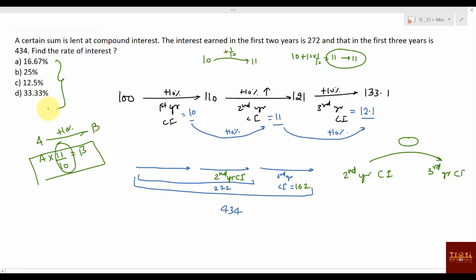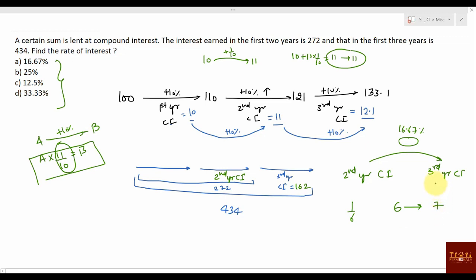Whatever the percentage change is there, that will be the rate of interest. Suppose you take something like 16.67 percentage. 16.67 percentage is 1 by 6, which means 6 will become 7.